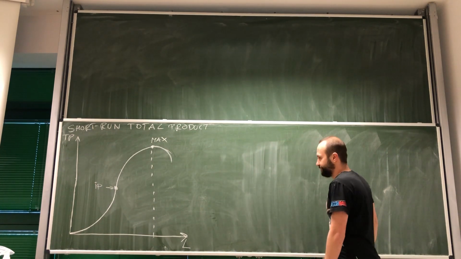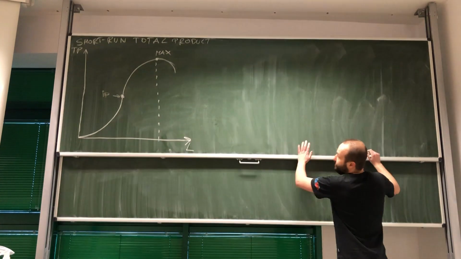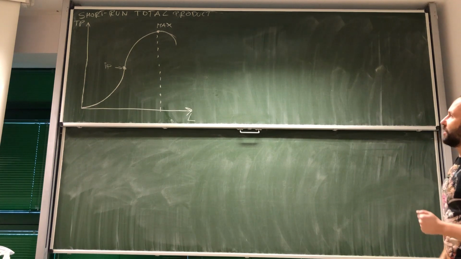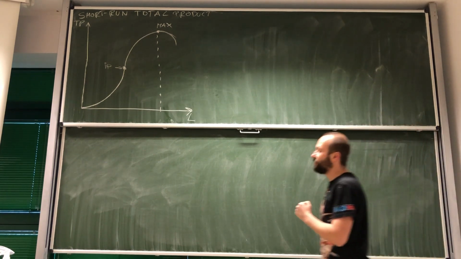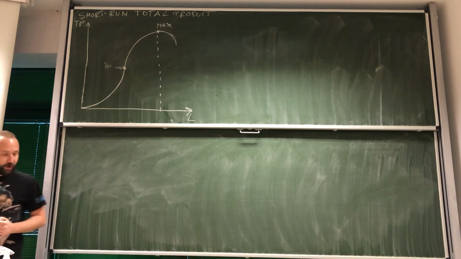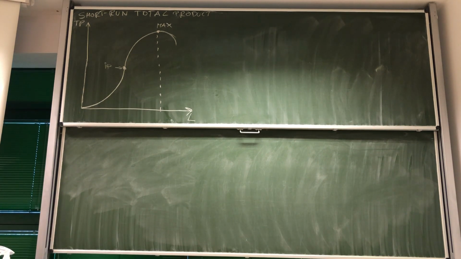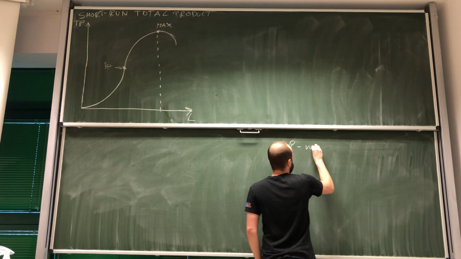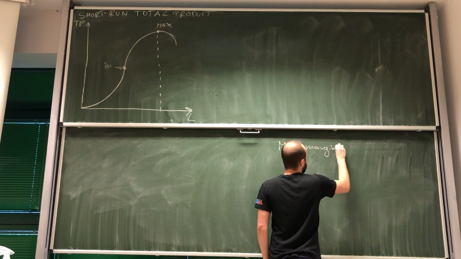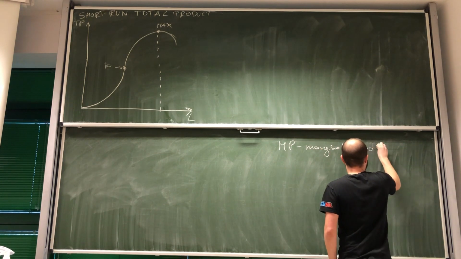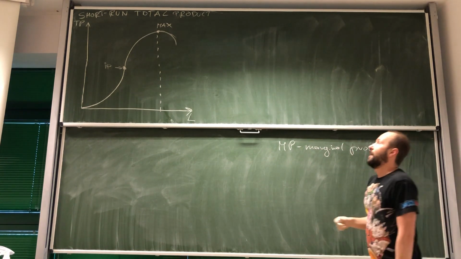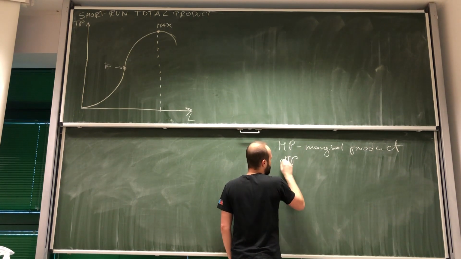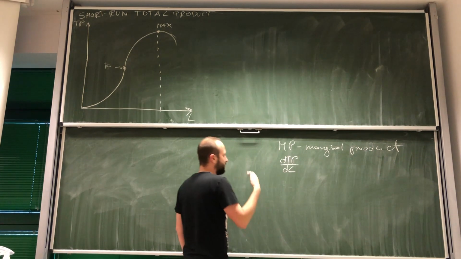Okay, now, how will marginal product and average product look in this company? Marginal product is, of course, the first derivative of total product, this time with respect to labor, right?